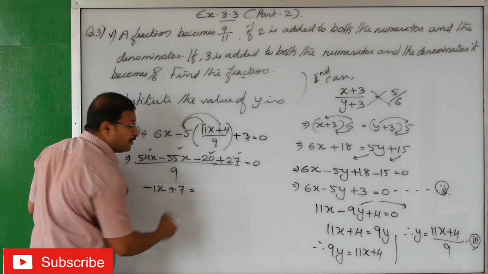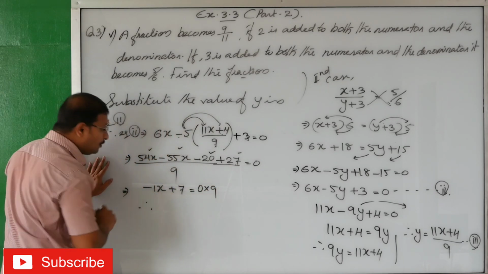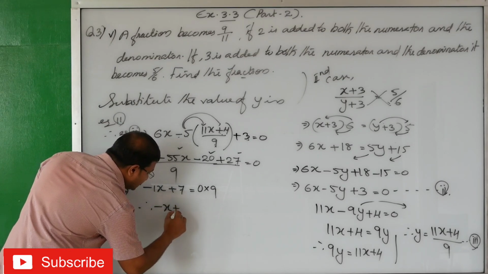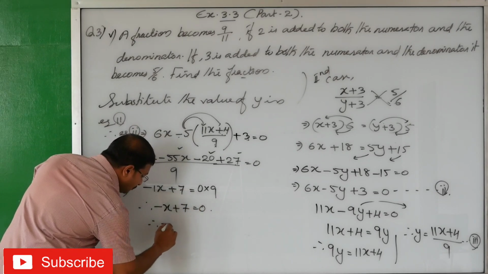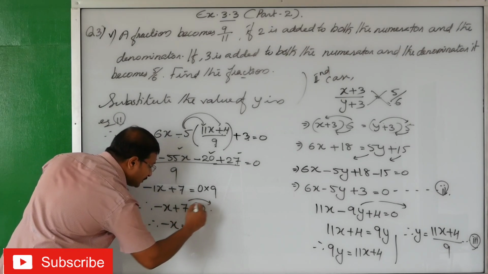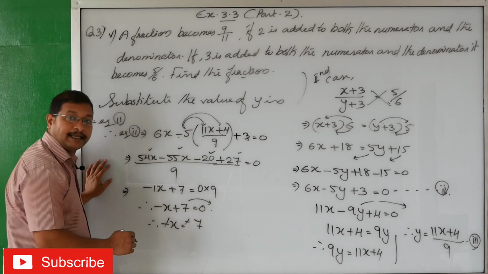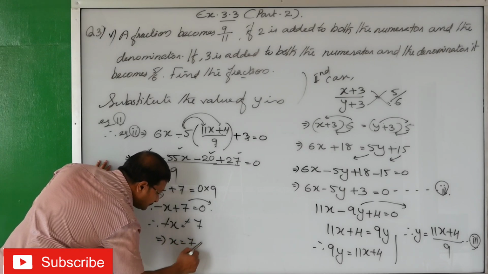Equals, this 9 will carry to the next side, that means 0 into 9. Therefore minus x plus 7 equal to 0. Therefore minus x equals, plus 7 goes to the next side, minus 7. Both sides minus, minus will cancel, we will get x equals 7.